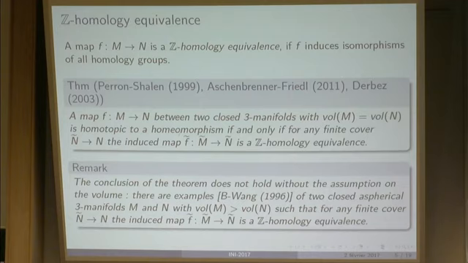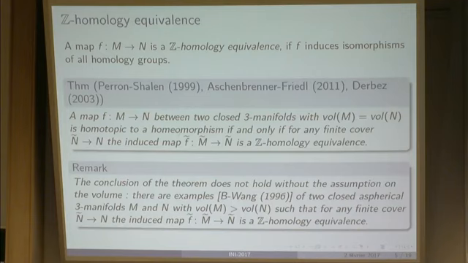A map is a homology equivalence if it induces an isomorphism at the level of integral homology groups. This is a theorem of Perron-Chalène, and it's fair to cite Aschenbrenner and Friedl, because there was some problem in the proof that they fixed. And then Derbez generalized it to any manifold.